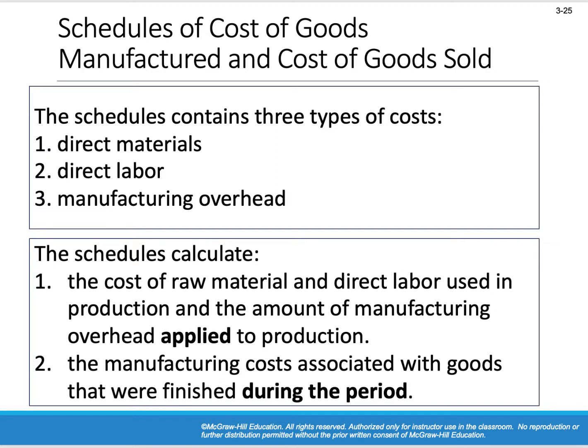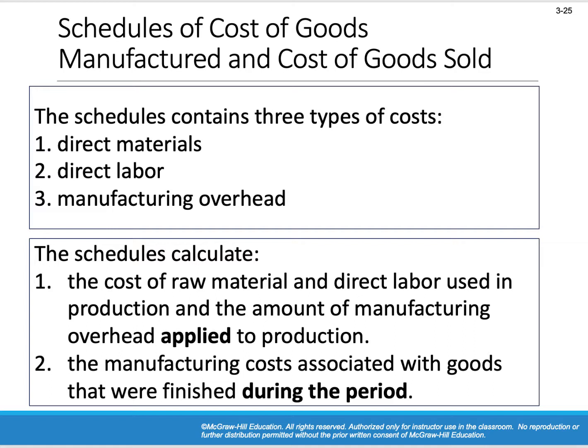So the first thing we need to really recognize is that when we're preparing this schedule of cost of goods manufactured, as well as cost of goods sold, right? There's three main costs: direct material, direct labor, manufacturing overhead.